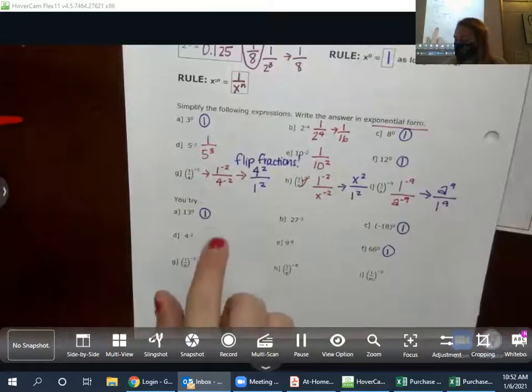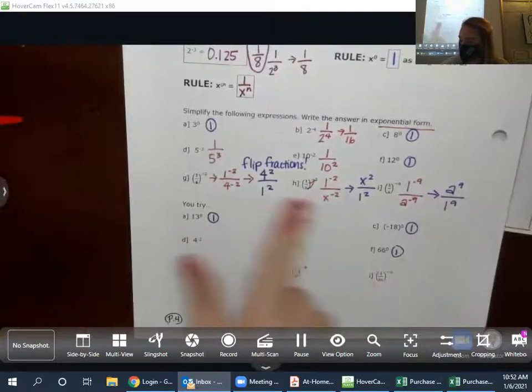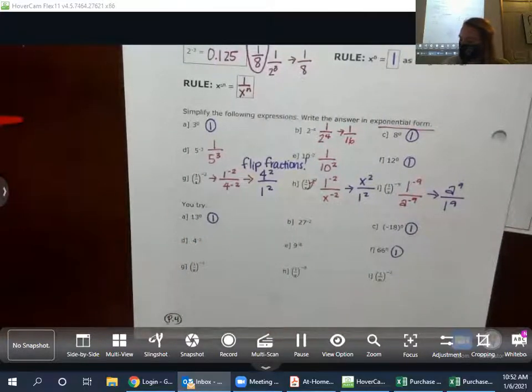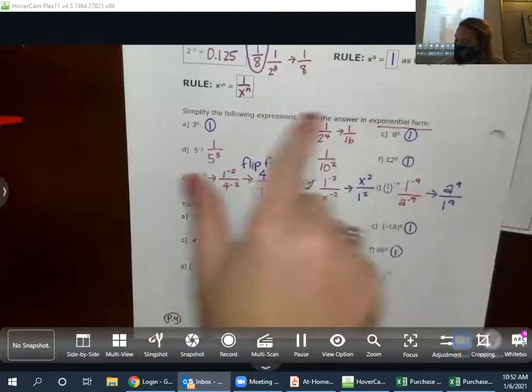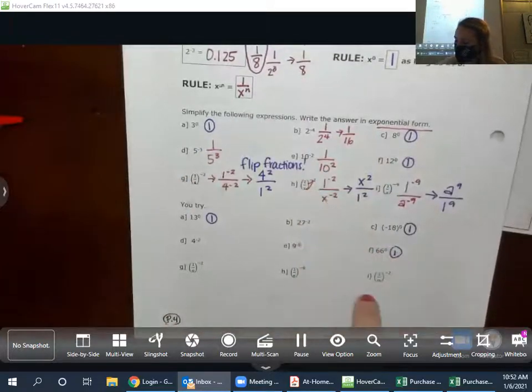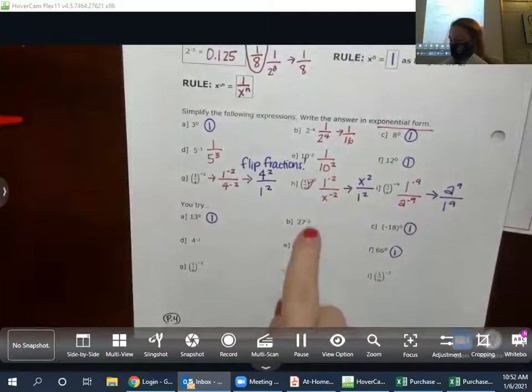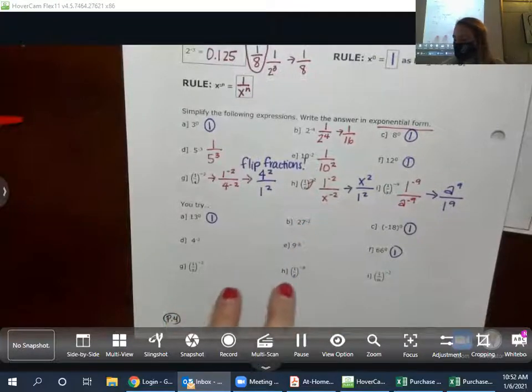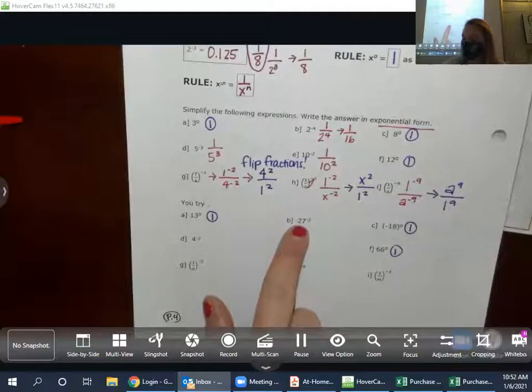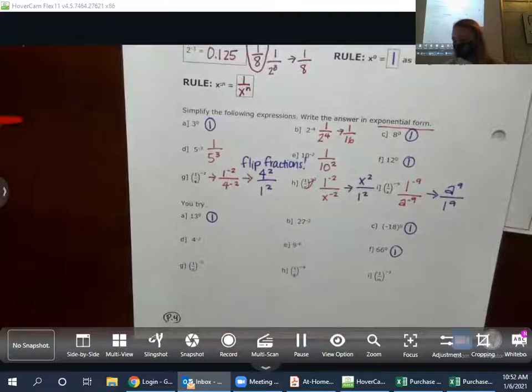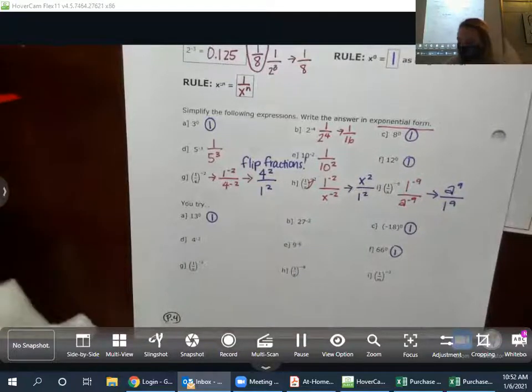Okay, so on the You Try section, see if you can look up here at how we did these and try to figure out how to solve these. Remember, only when it's in fraction form do you flip it. Other than that, you just put 1 over that same thing, just make the exponent positive. I'm going to cover up my answers.